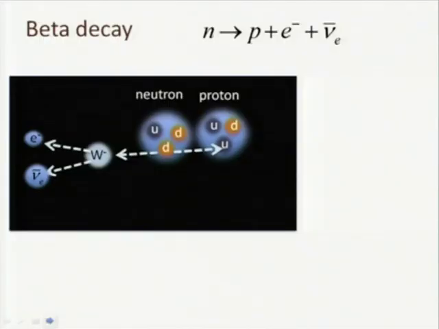This W particle decays immediately to an electron and an antineutrino. So, this is the electron that comes out. If you look at the charges, the d quark has minus 1/3 charge, which decays into a u quark which has plus 2/3 charge, and W minus has minus 1 unit of charge.